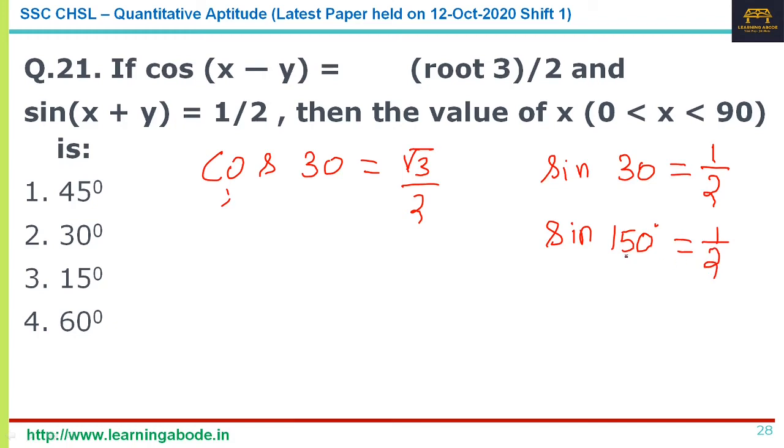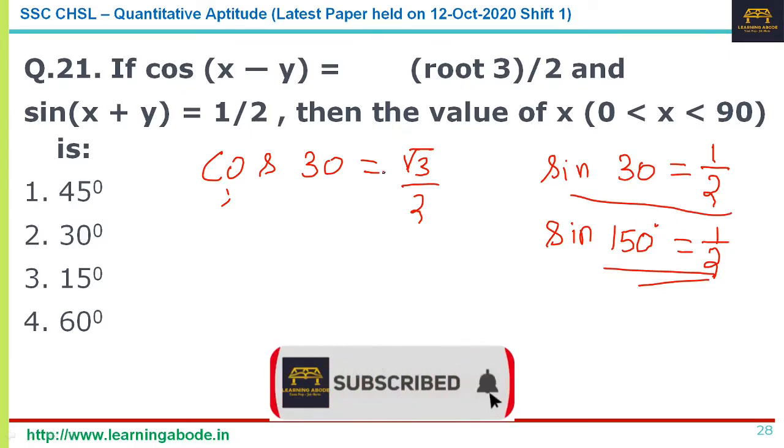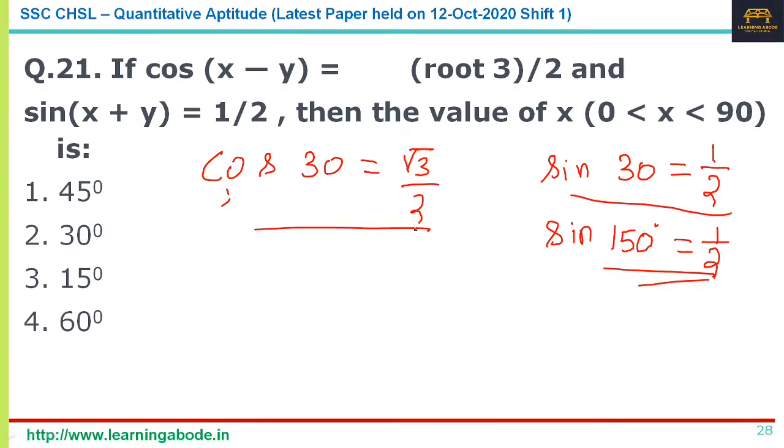But the problem is, it's given that x is less than 90. If x is less than 90, then sin 150 we can't use. So what we can use is sin 30 is half and cos 30 is root 3 by 2.